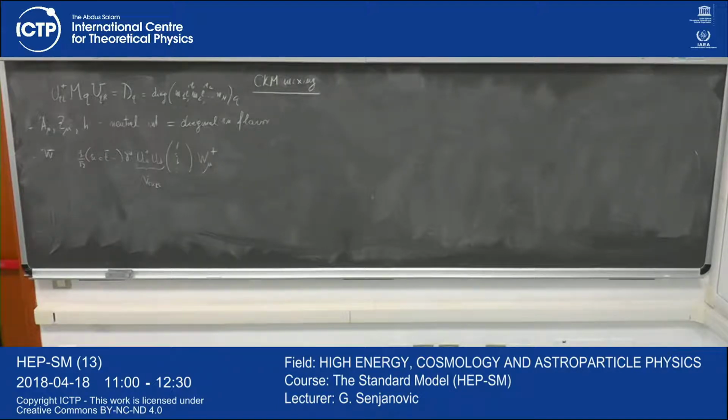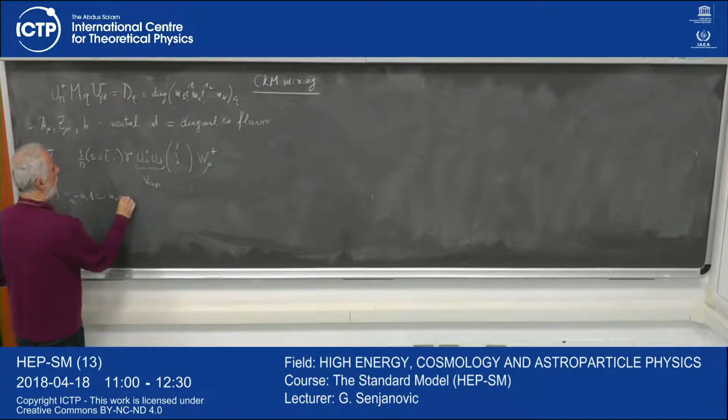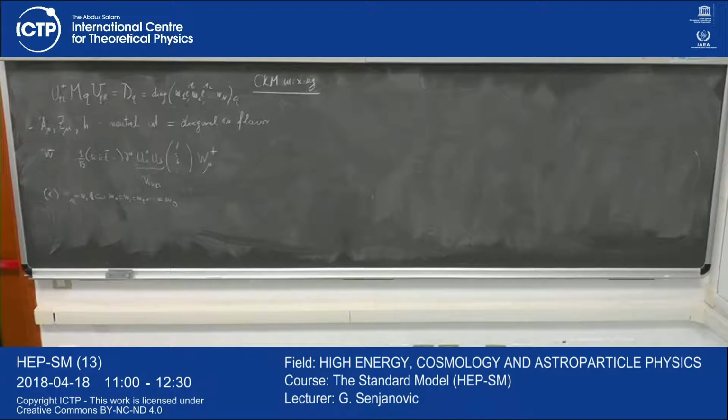So what were the comments? Okay, let's try to summarize the comments which are so important that I made last time. One, it was very important that if the quark masses are the same, for example, take the M up mass matrix. That is to say, imagine that M up is equal to M charm, equal to M top, and so on, equal to M0. Then I said there can be no mixing. Remember that?